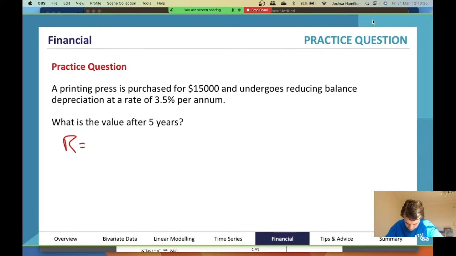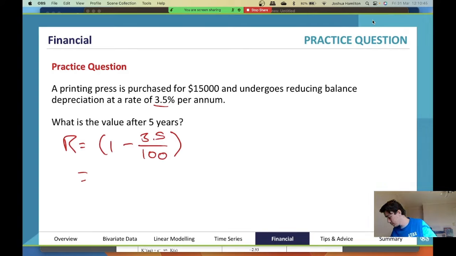R is going to equal 1 take little r, which here is per annum, 3.5 divided by 100. And we're going to end up with a value of 0.965. So we get 0.965.